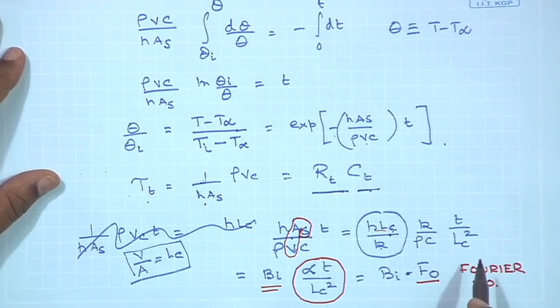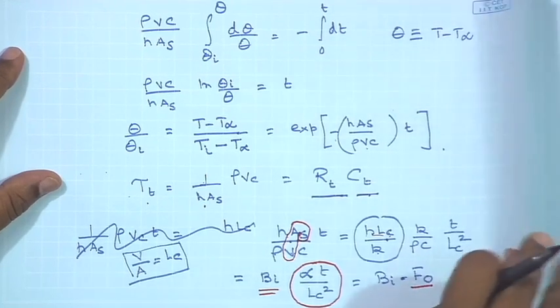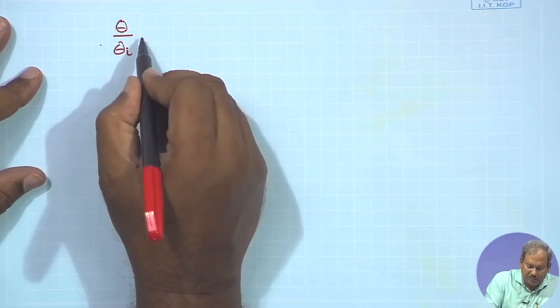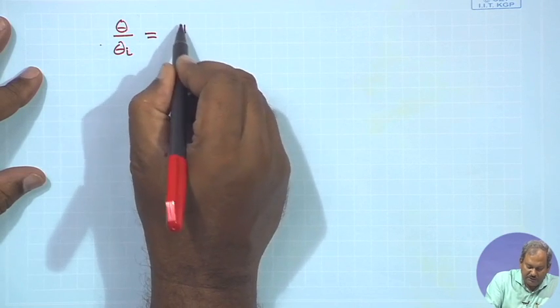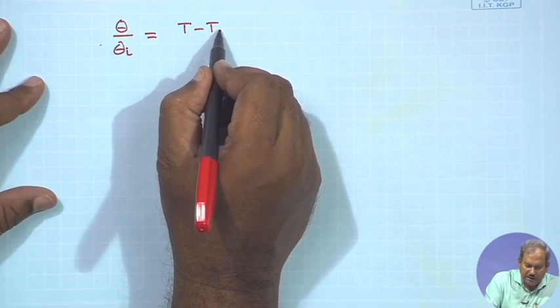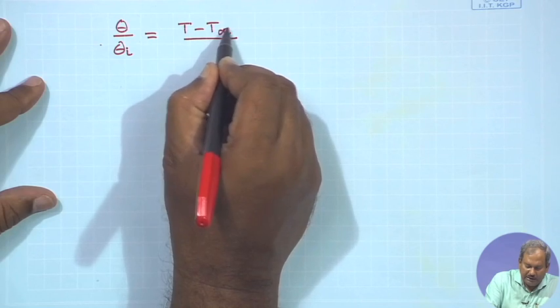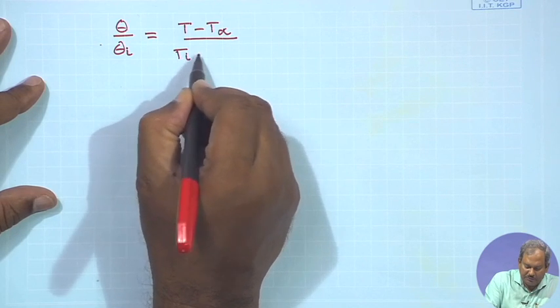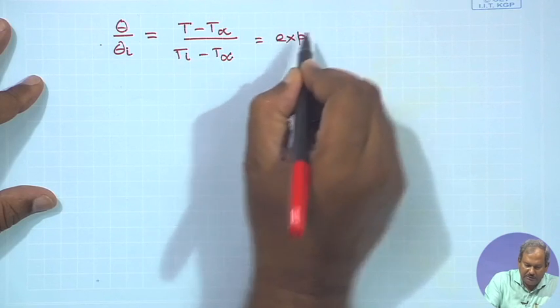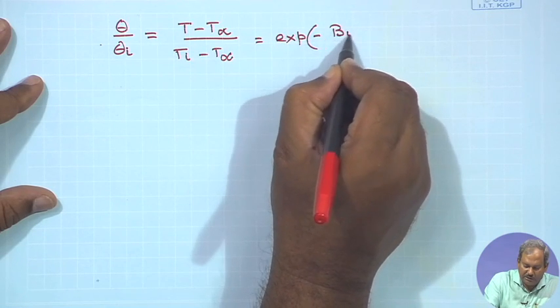So, the change in temperature of the solid object as a result of convection outside and conduction inside, if the lumped capacitance model is valid, is expressed in terms of two dimensionless quantities.